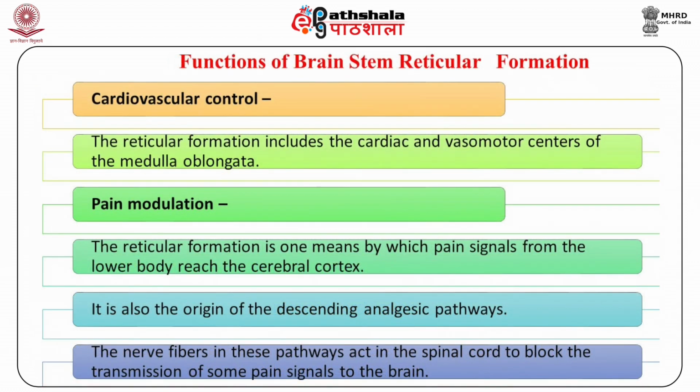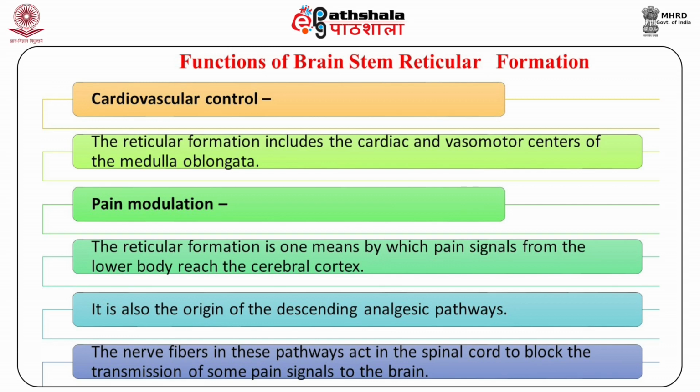2. Cardiovascular control. The reticular formation includes the cardiac and vasomotor centers of the medulla oblongata. 3. Pain modulation. The reticular formation is one means by which pain signals from the lower body reach the cerebral cortex.